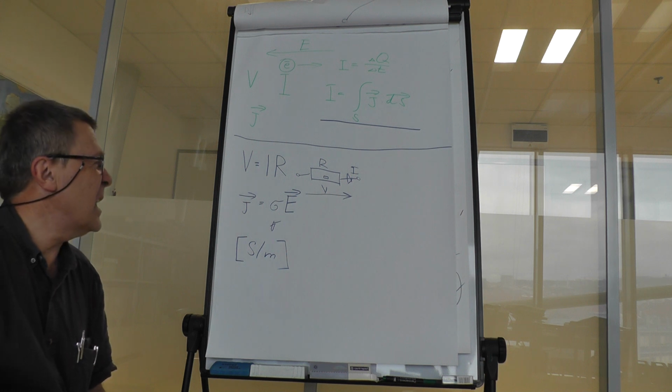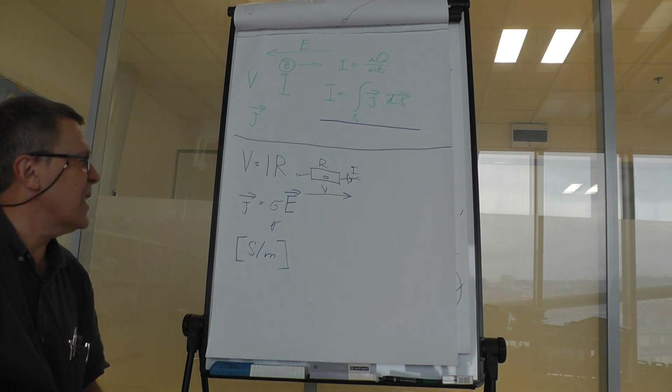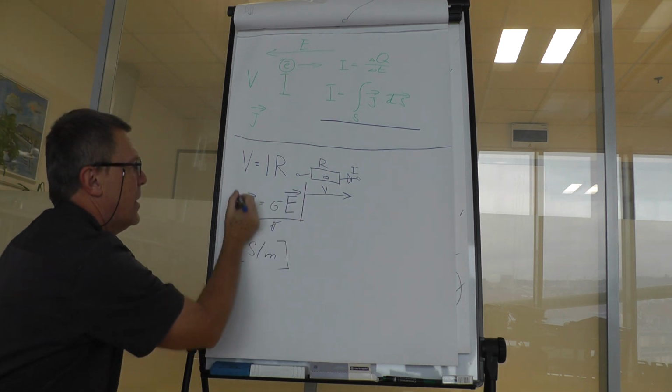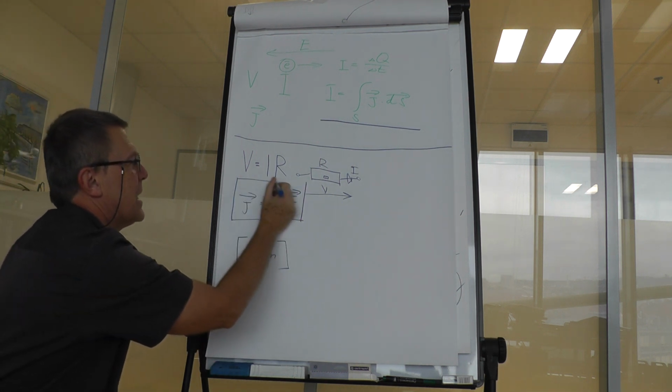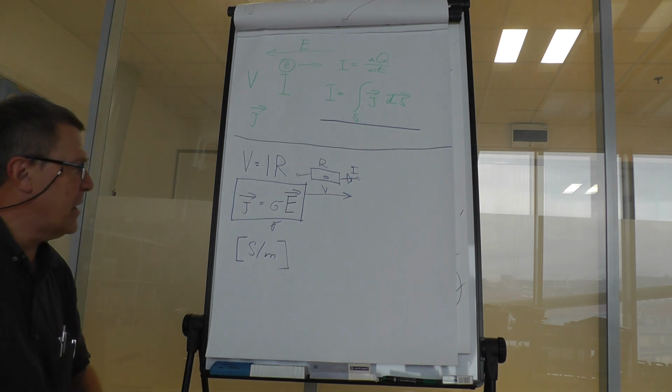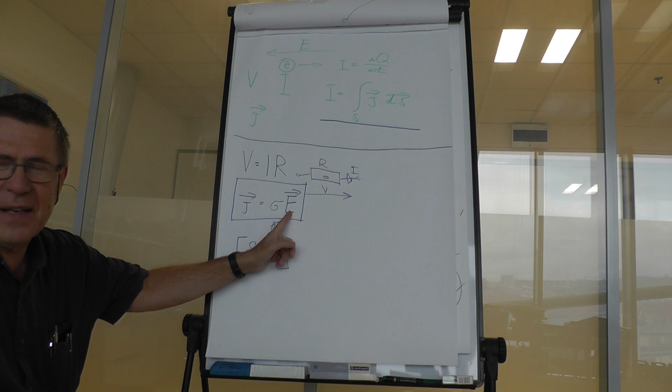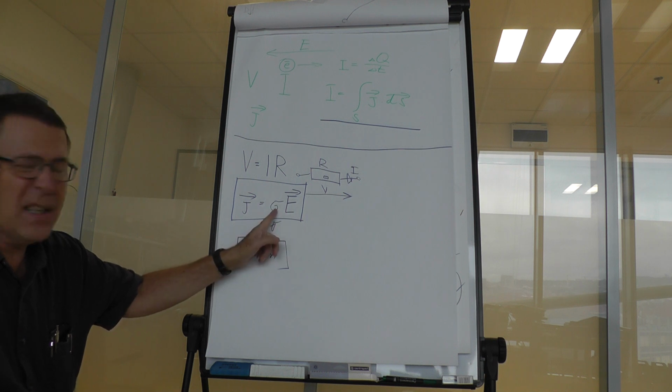Now let's watch this equation again a little bit. We have an equation that says that there will be current density caused by electric field strength unless the conductivity is zero.